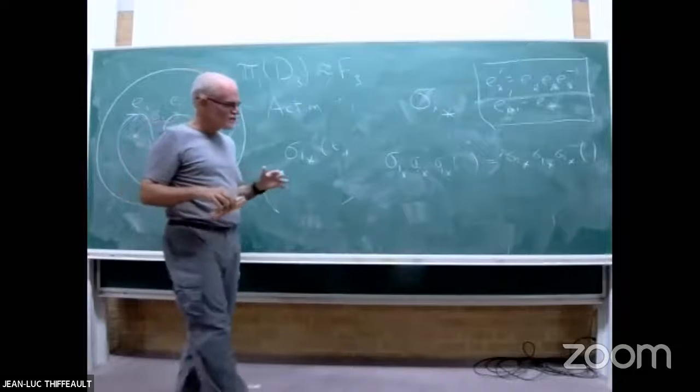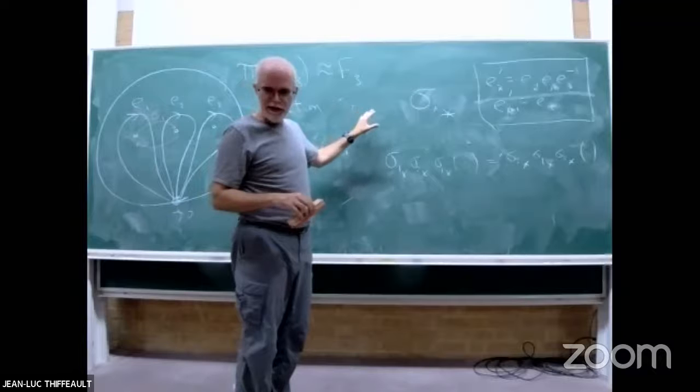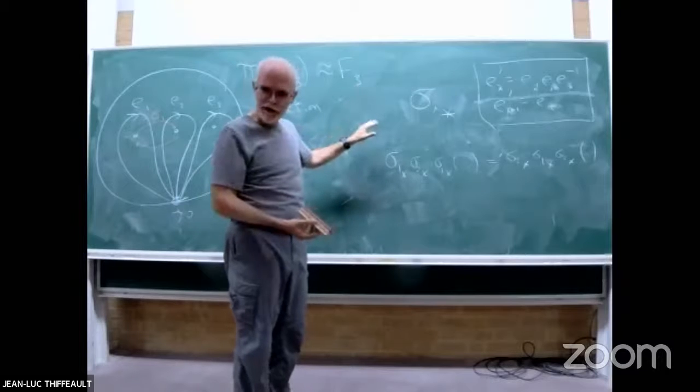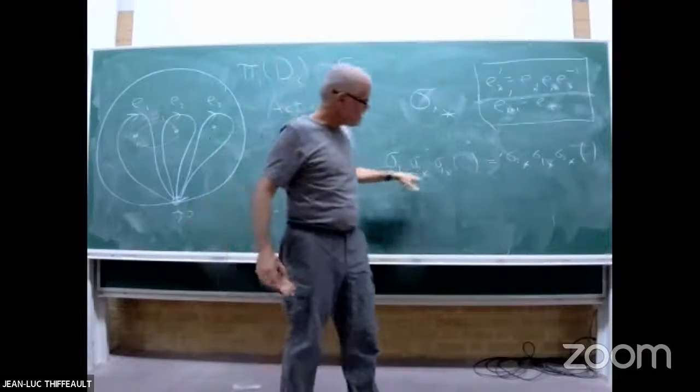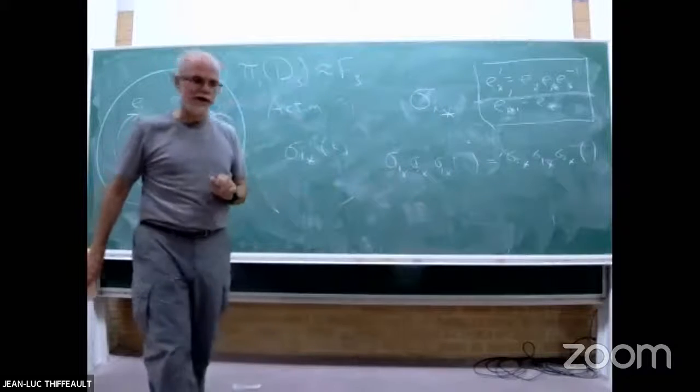So in other words, this is why this action on the free group is actually a representation of the braid group, because it satisfies the actual presentation, all the relations in the braid group.